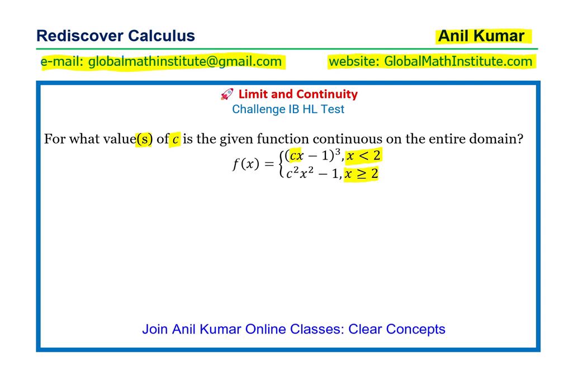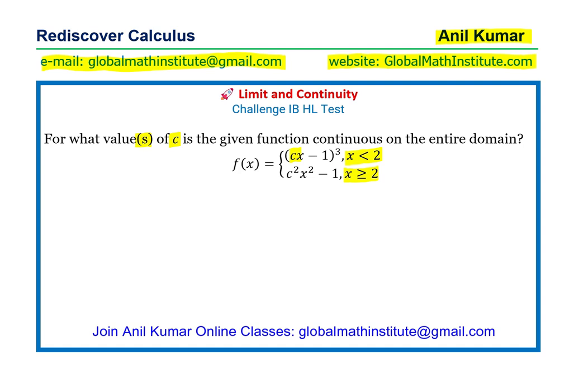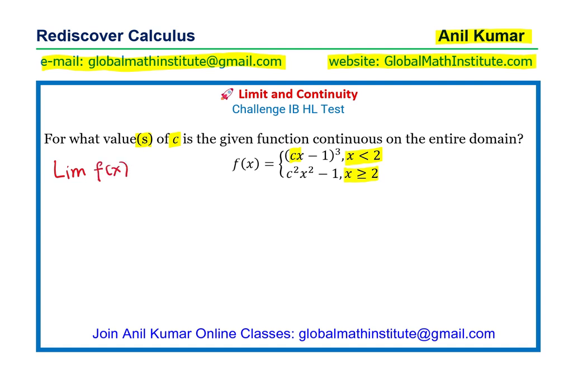At x less than 2, it's a cubic function. At x greater than 2, it is quadratic. Those two pieces should match. That is what we are looking for. In the language of limits, what we want is that the limit of f(x) as x approaches 2 from the left should be equal to the limit of f(x) as x approaches 2 from the right.